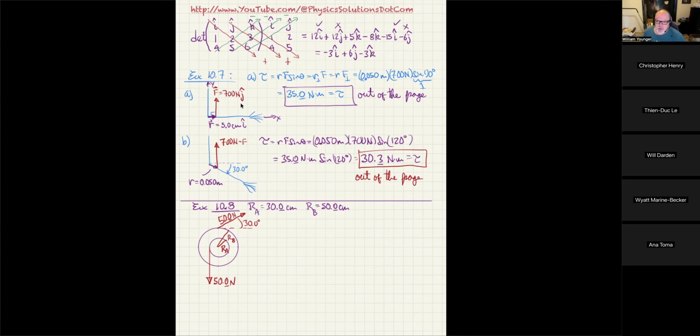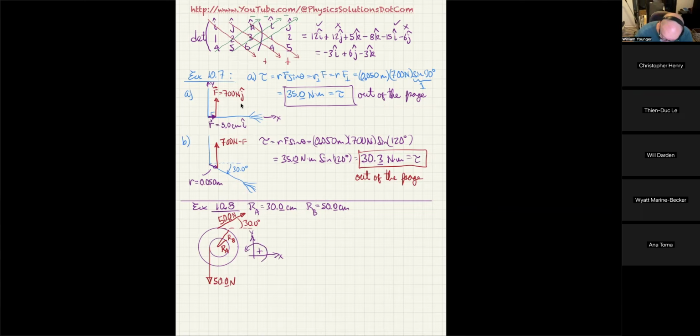If you'll notice, this 50.0 newton force at 30 degrees tends to rotate the disc clockwise, and I often consider the clockwise direction the negative torque direction, whereas the vertical force on the RA is tending to rotate it counterclockwise, and I'd call that positive. If I draw my X and Y axis like I had before, specifically this, I don't actually have to write the X and the Y here, but this is a common symbol that virtually all engineering and physics instructors allow you to use.